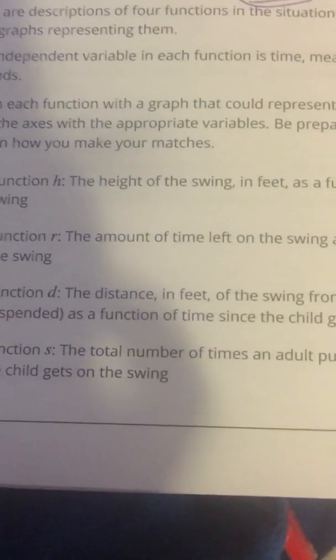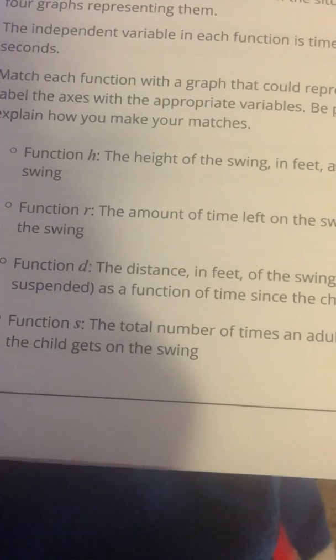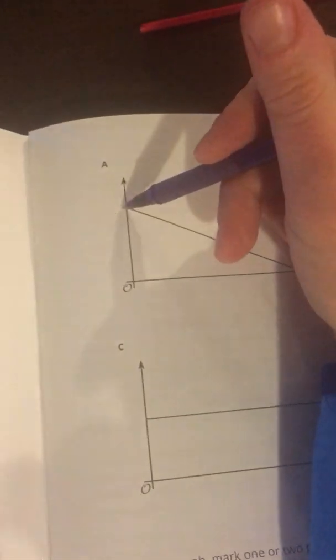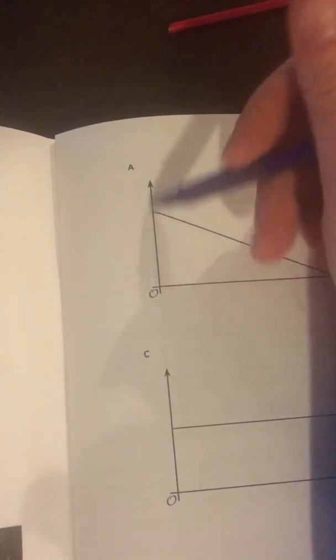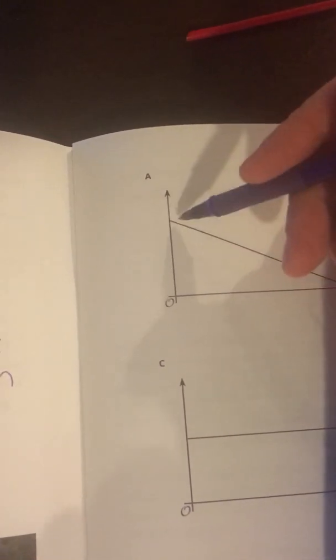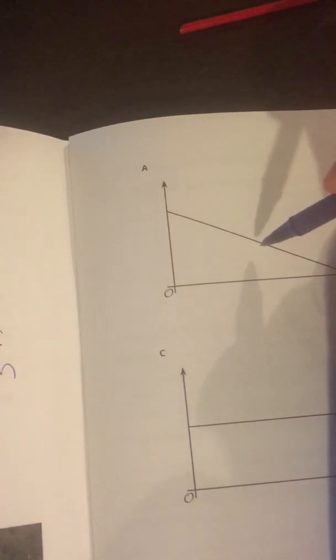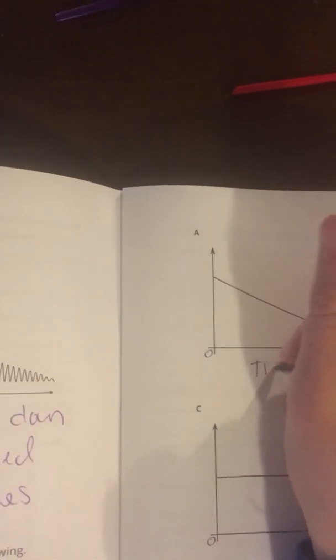Function R, the amount of time left on the swing as a function of time since when the child gets on the swing. Function R is going to be letter A, and that's because as soon as the child gets on the swing, this is the time left. So right now, when the child's getting on, we have all this time left, but as the child's swinging, that time is dwindling down. So again, this is time.